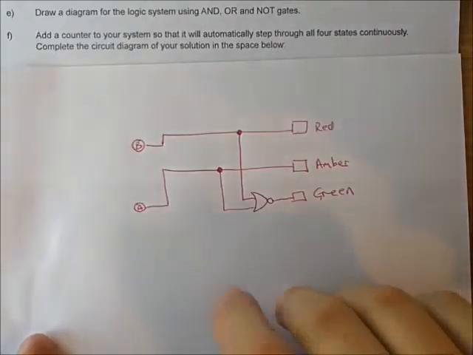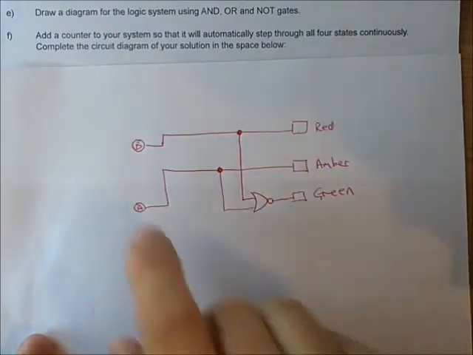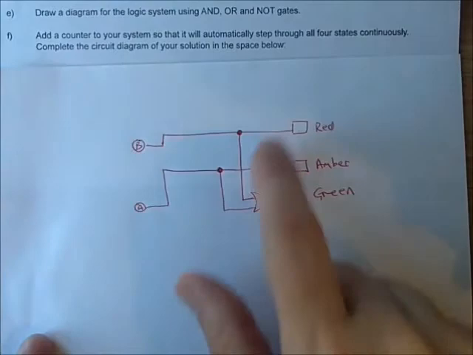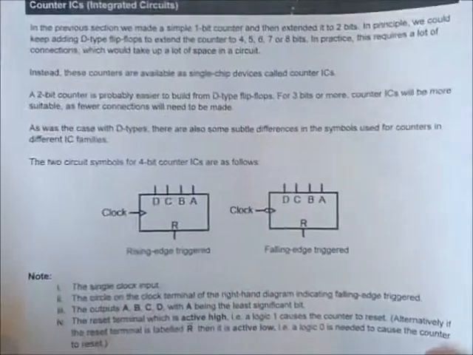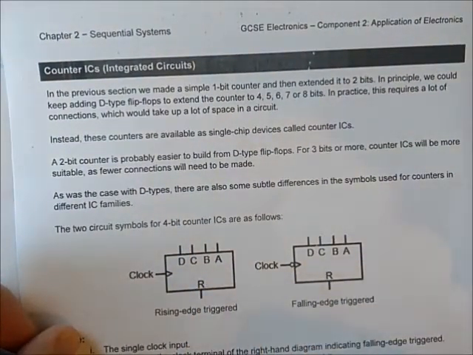Okay, so the next bit that we need to do is add a counter to the system to make it work automatically. We could have some switches here and press them to get the outputs that we want, but we want it to work automatically. So we're going to use the counter integrated circuit that we've been looking at, and this is the circuit that we're going to use.